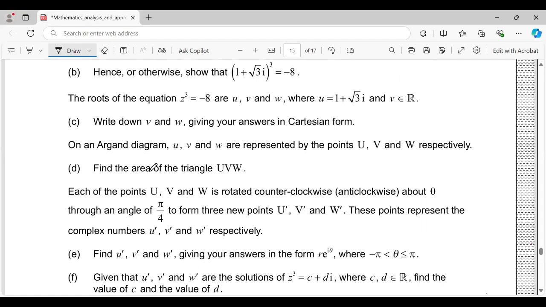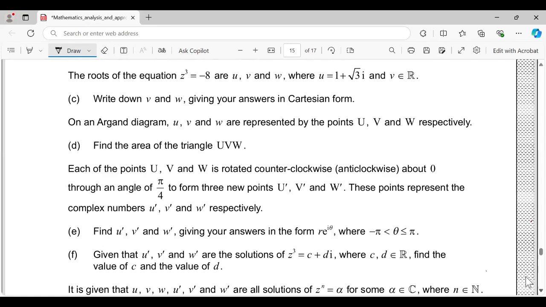On an Argand diagram u, v, and w are represented by the points U, V, and W respectively. Find the area of triangle UVW. Okay, so I'm going to find the area of UVW.